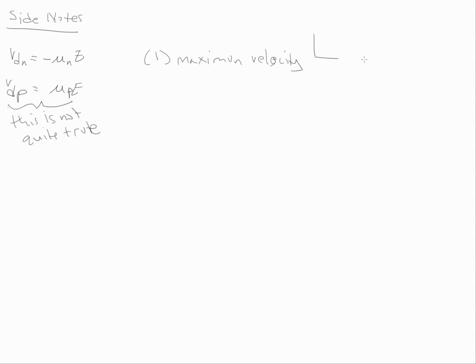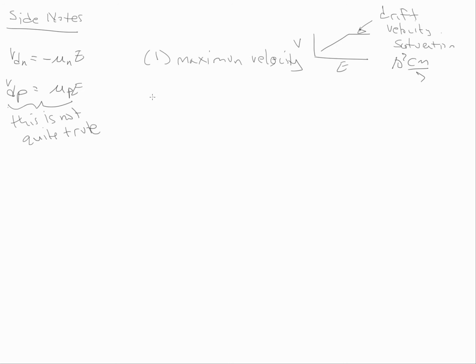If you had some chart where you had the applied electric field and this is your V, then eventually it's just going to level off at some point, and you're going to have what they call drift velocity saturation. And the book gives a number of 10 to the 7th centimeters per second. So that's the fastest it can go.